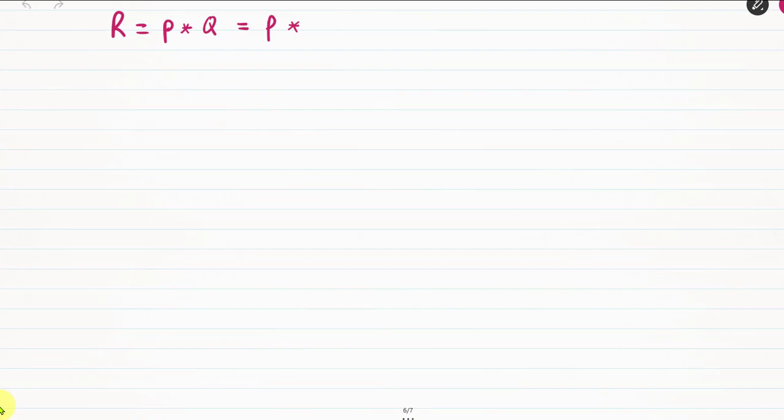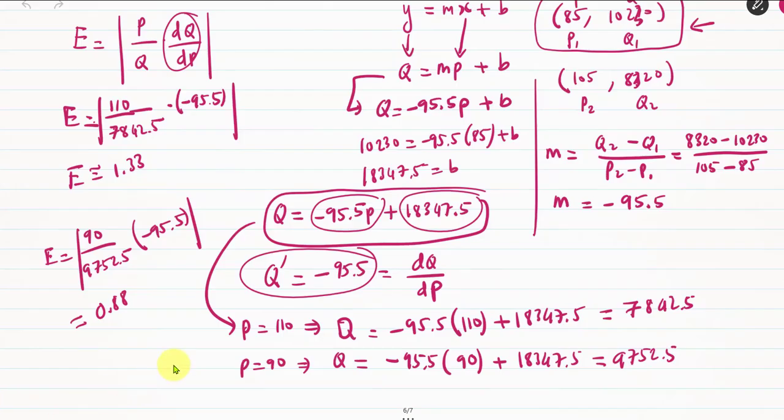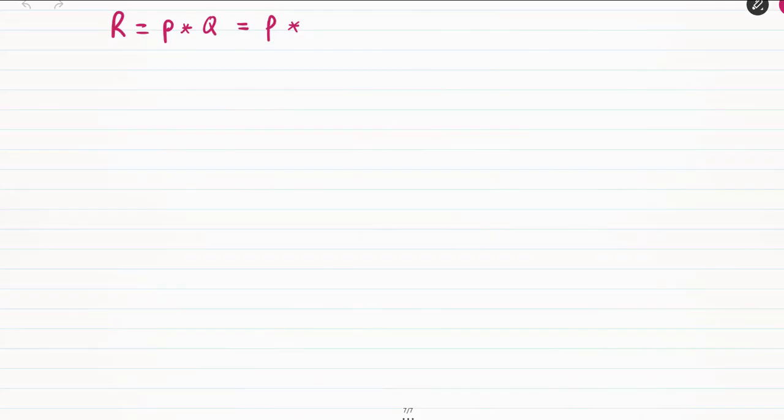Remember we got the Q function is right here, minus 95.5 P plus 18347.5.